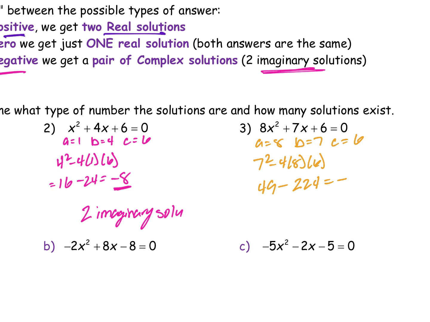So I'm going to get some negative answer, negative 175. So that's going to give me two imaginary solutions. Okay? Questions?